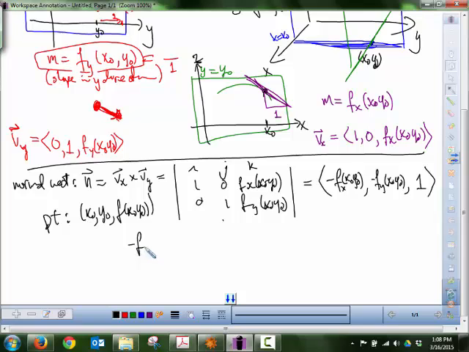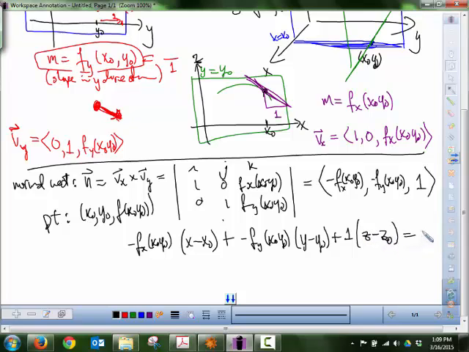So it'll be minus fx at x naught, y naught, which is just a number eventually, times x minus x naught, plus minus fy at x naught, y naught, times y minus y naught, plus 1 times z minus z naught equals 0.